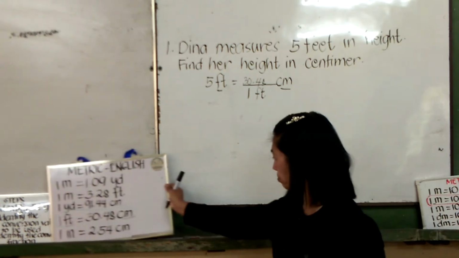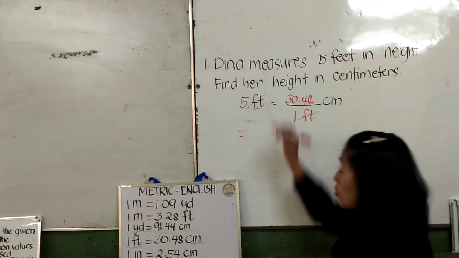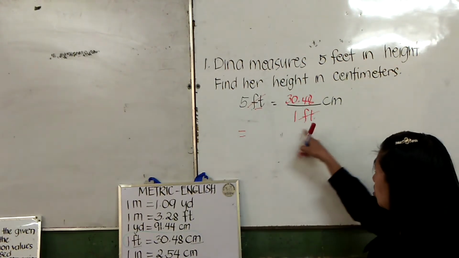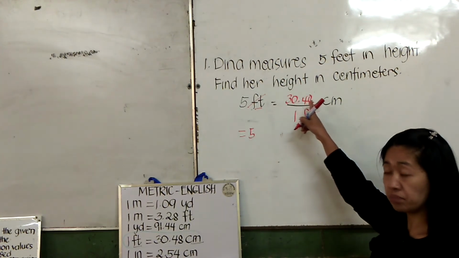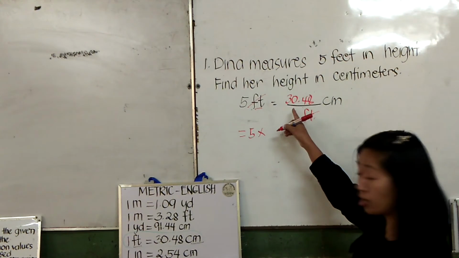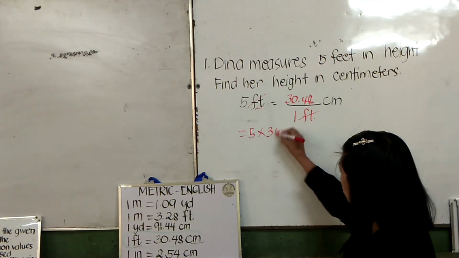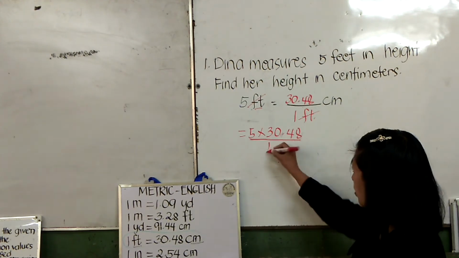Okay. Next is to cancel out. We will cancel feet and feet. Then all numbers here on top we will multiply. So 5 times 30.48 divided by 1.